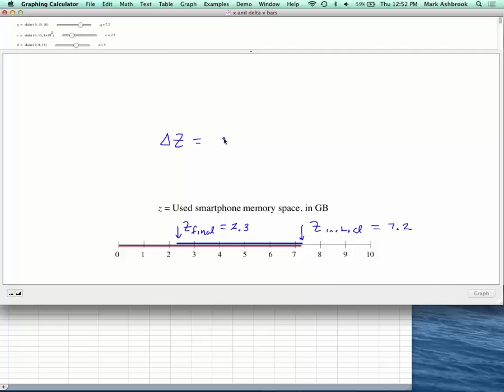Well, you would subtract the 7.2 minus the 2.3. 7.2 minus 2.3? Is that right? This is the final now, right? The final is 2.3. So it's going to be? Minus? And what do we get when we do that? 4.9?